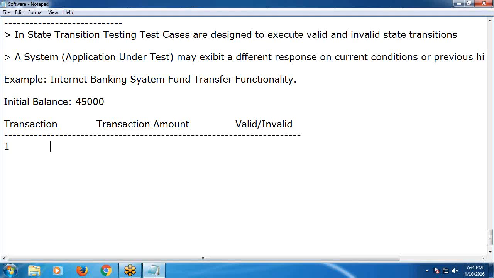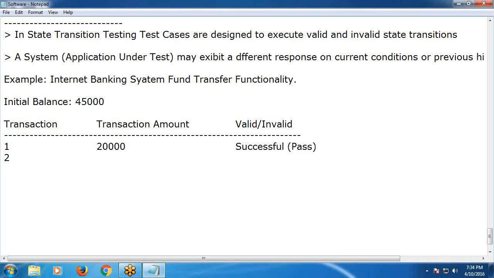Suppose first transaction amount 20,000, expected successful. 20,000 successful. Pass.